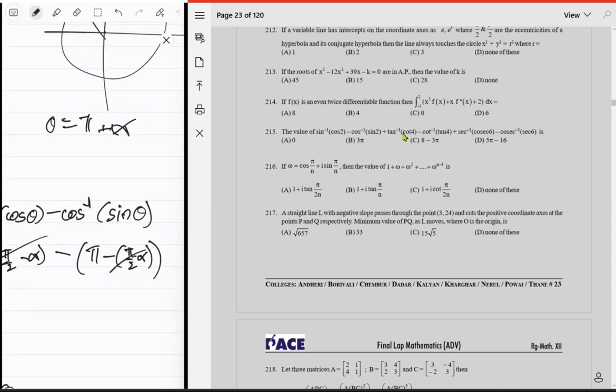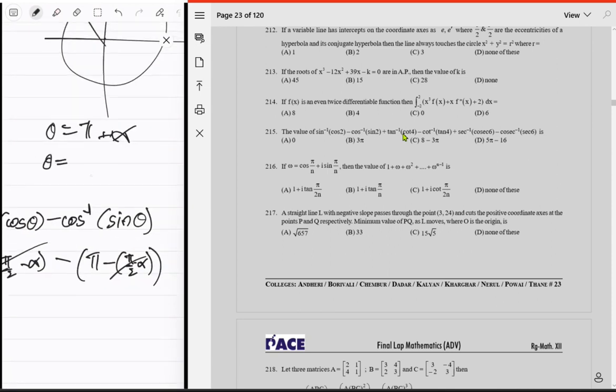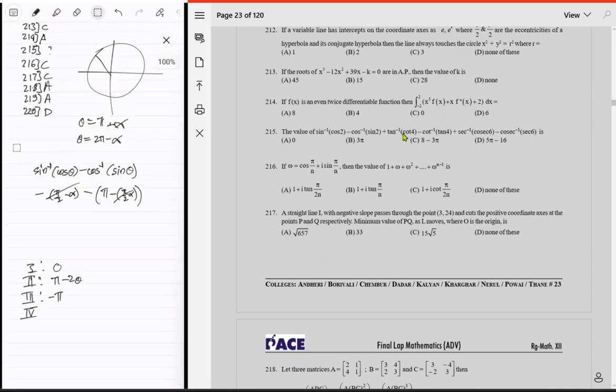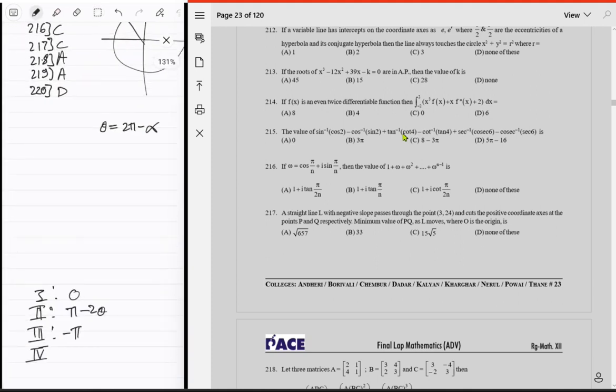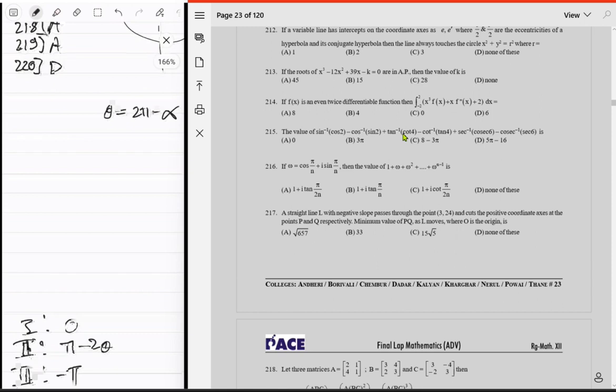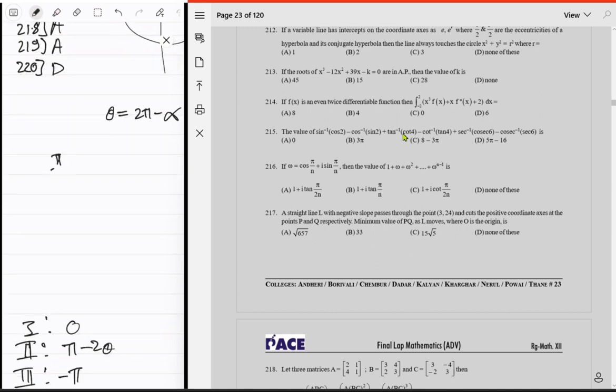Fourth quadrant mein you can just put theta as 2 pi minus alpha. I guess that will be the thing. So alpha is just some angle in the first quadrant. Then you need sine inverse of cosine of theta, which is cosine of alpha. So pi upon 2 minus alpha aa jayega start mein, phir minus cosine inverse of sine of theta, which is negative sine alpha.